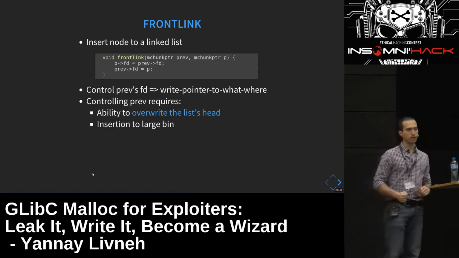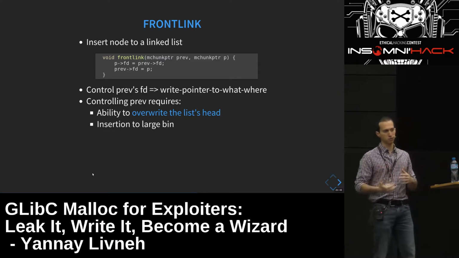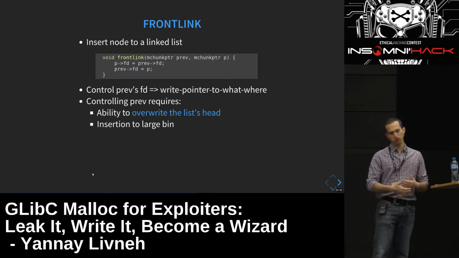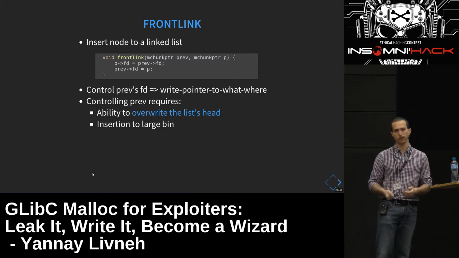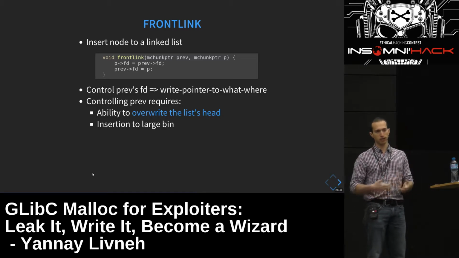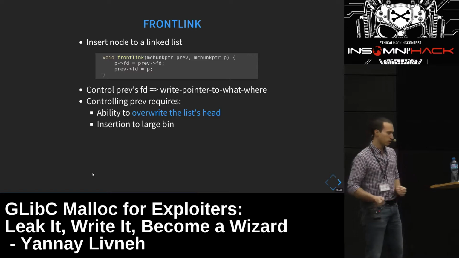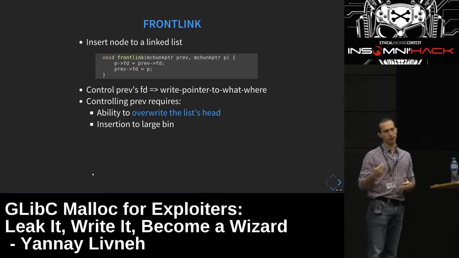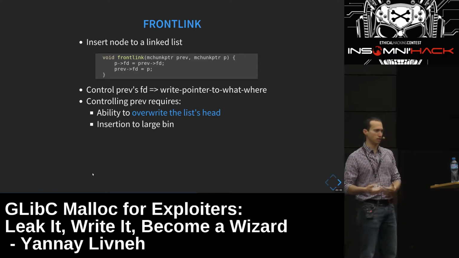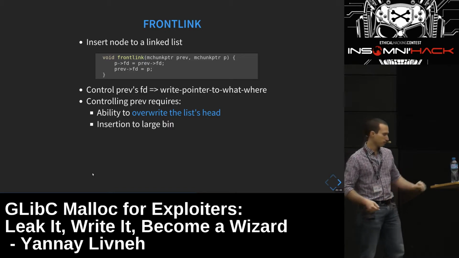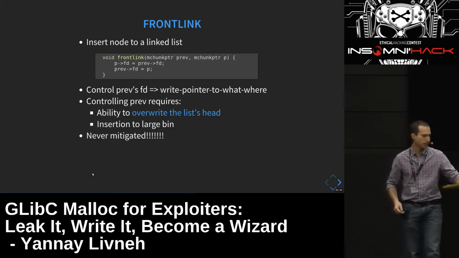My most favorite way is insertion into the large bin, because the large bin is sorted, so the previous can be a chunk that is used after. You do a use after free and actually overwrite this chunk or overflow into this chunk. So if you free a big chunk, it will just be inserted into this large bin in the right place. We'll see an example in a second.